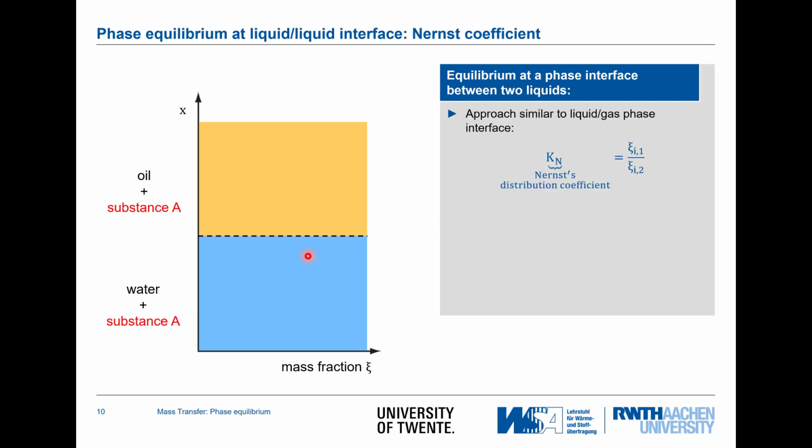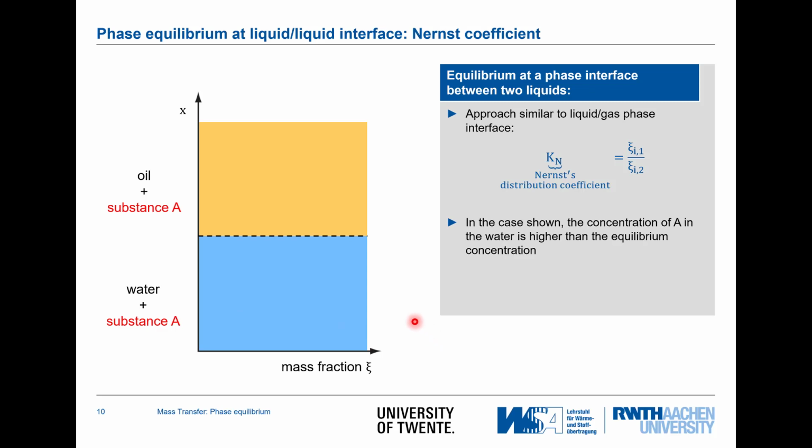The approach now to describe what happens at the interface is no longer done with the Henry coefficient, but here with this Kn, which is the Nernst distribution coefficient. And this one relates the mass fractions in these two liquids at the interface, and it's the mass fraction of that substance that we want to trace here.